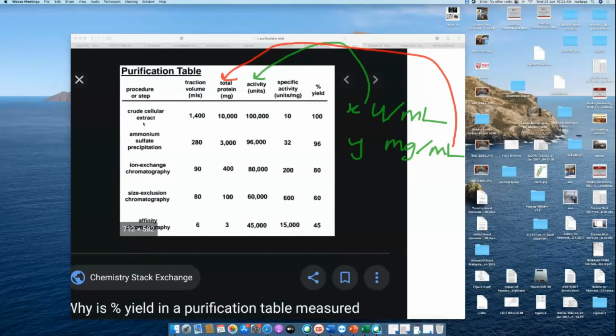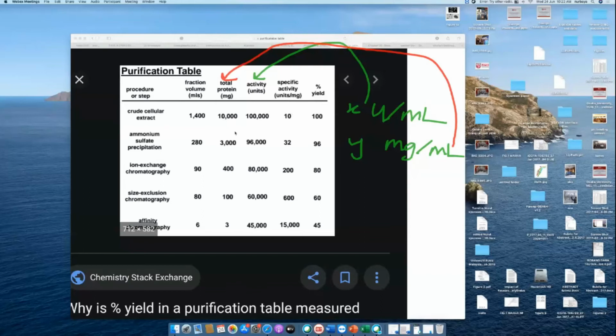Because it gives us here total activity and total protein. So do you know what the unit per ml is for activity, and for this protein? How do we know the unit per ml for this protein?